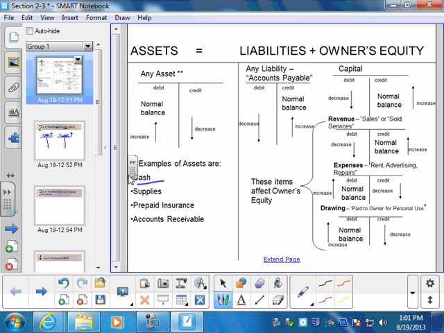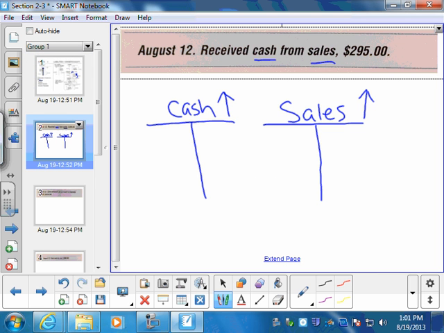If we want to increase cash, we increase it with a debit. And sales is revenue. If we want to increase sales, we're going to increase sales with a credit. So we're going to increase cash with a debit of $295, and increase sales with a credit of $295. So we have $295 in debits, $295 in credits, and our debits and credits equal.